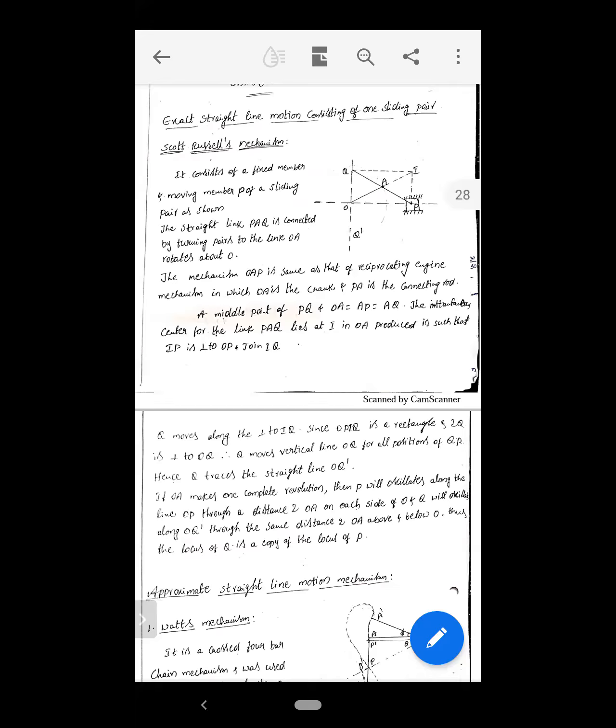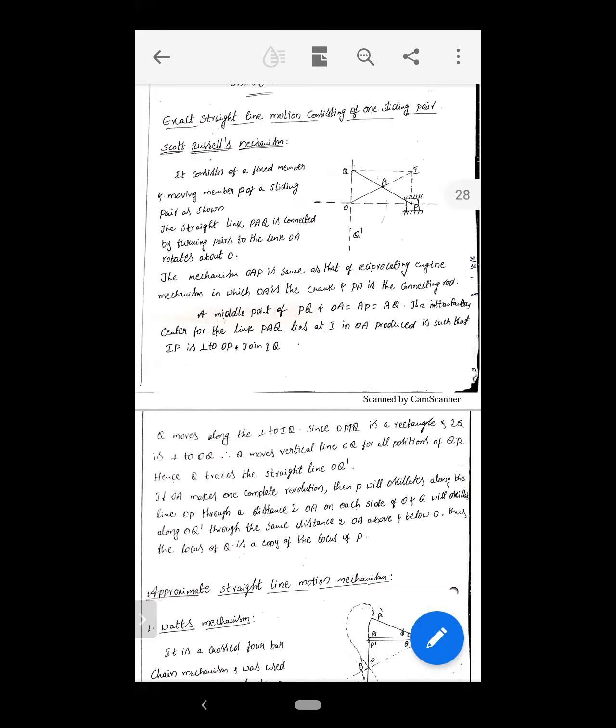In this they may say one thing: when we connect the PQ link with the help of our OA link, OA is connected at the midpoint of the PQ link.